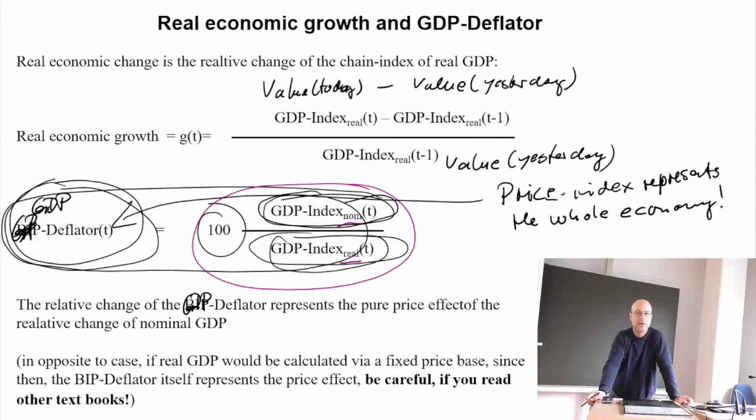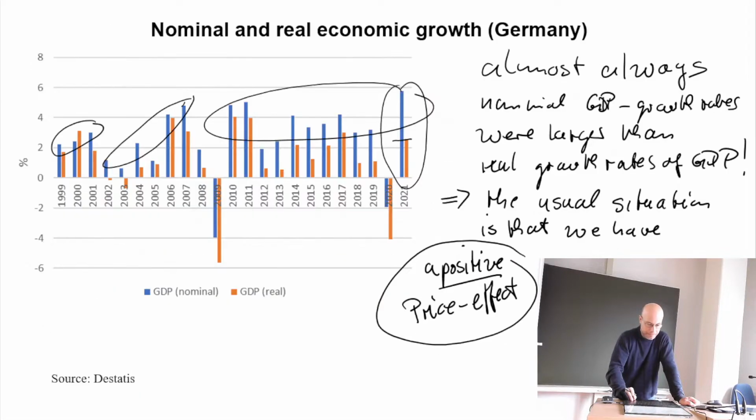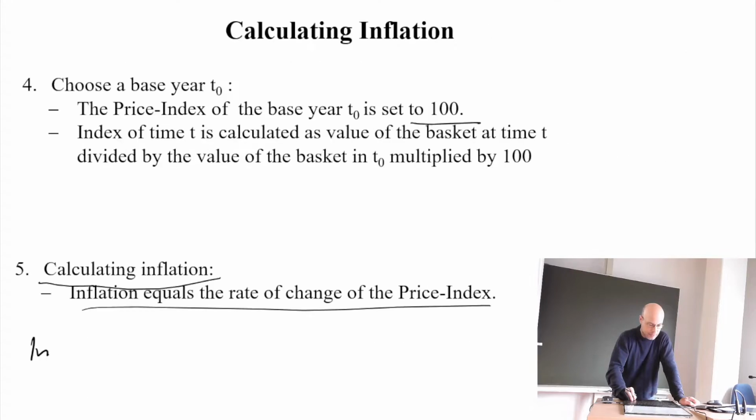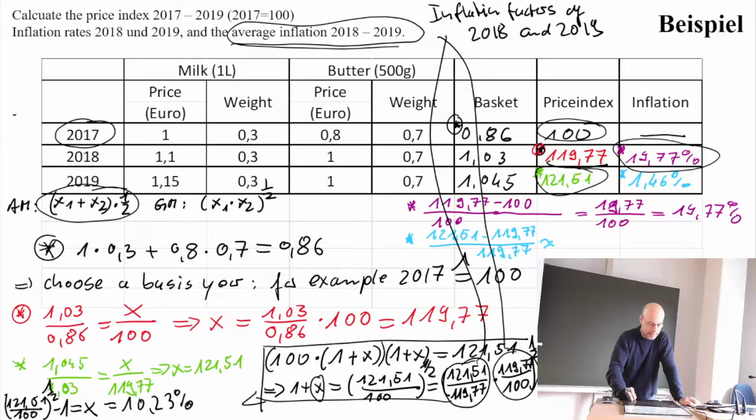So here, more or less, the weights for the GDP deflator come out of the economy itself, while if we look at the consumer price index, we just look at what a representative household is consuming, and then we talk about whether we have to change these weights in the consumer price index. So then we also calculated a little example. Again, we will do this also in exercises.